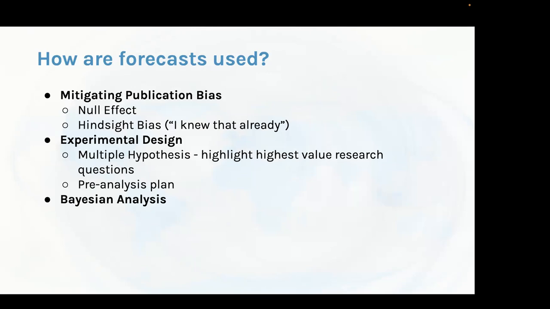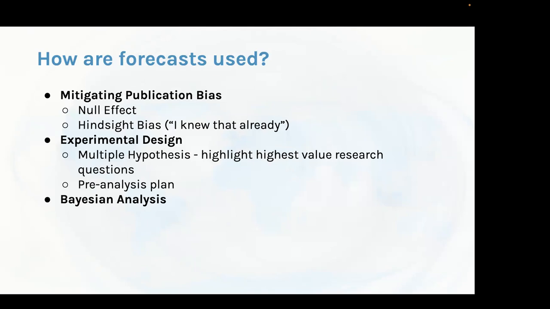The other issue with publication bias is hindsight bias. It's basically saying that I already knew that when I saw the results. So having a way to systematically document what people believe and what the academic consensus is before a result is published is very important for researchers to fight against publication bias.